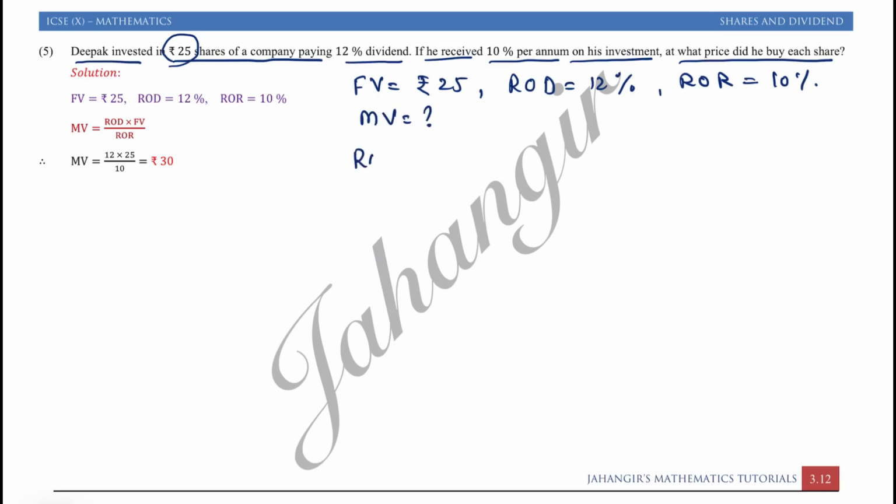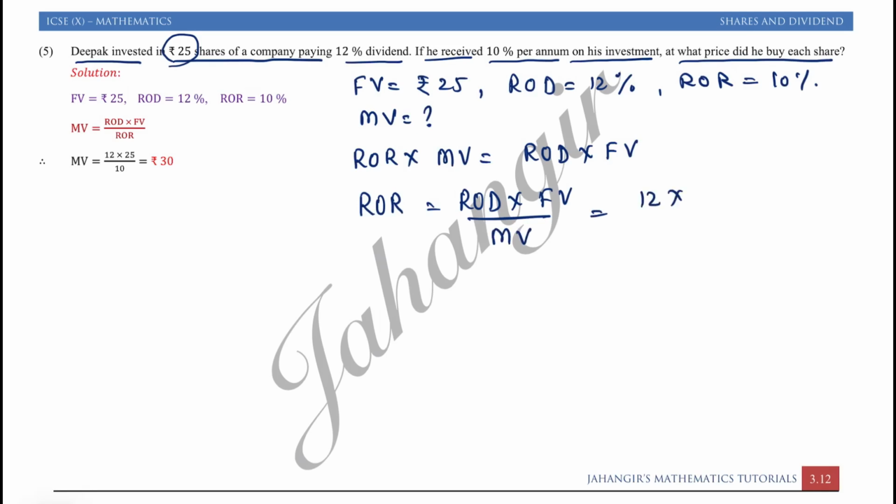So we can say ROR into MB is equal to ROD into FV. So we can write MB is equal to ROD into FV upon ROR. ROD is 12%, face value is 25, upon rate of return 10. 25 into 12 is 300. 300 upon 10, that is rupees 30.